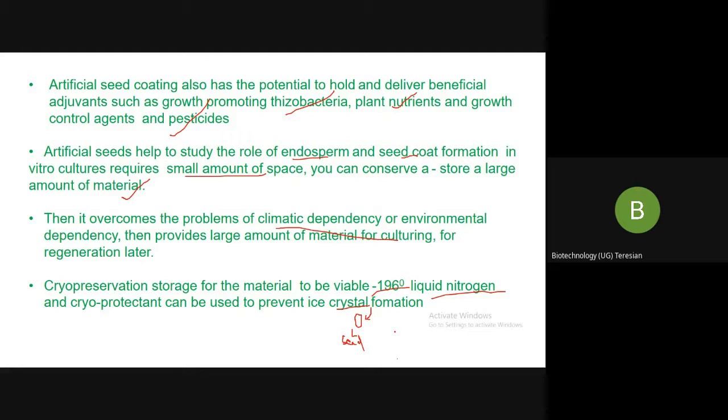Because of them, and certain biochemical reactions happening, down regulation and up regulation of the genes, they are able to withstand. So what our scientists did, they understood that phenomenon and they started adding cryoprotectants. And what are the commonly used cryoprotectants?